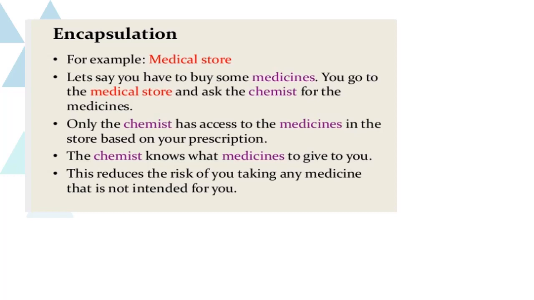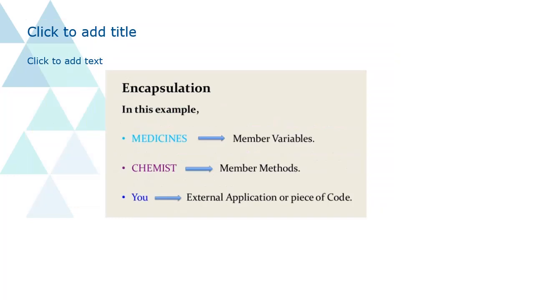This reduces the risk of you taking any medicine that is not intended for you. So in the above example, medicines act as member variables, chemists act as member methods, and the person who is going to buy the medicine is an external application or piece of code.